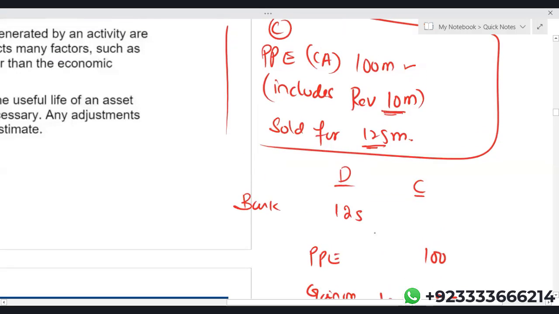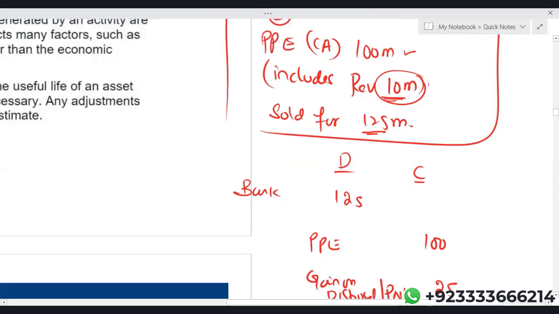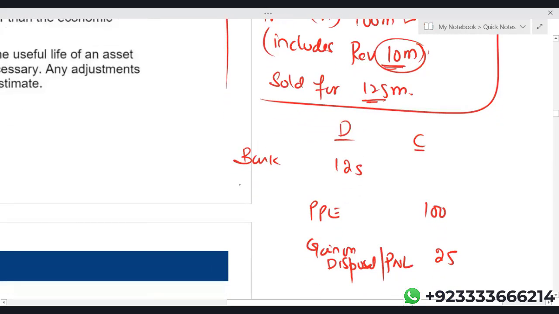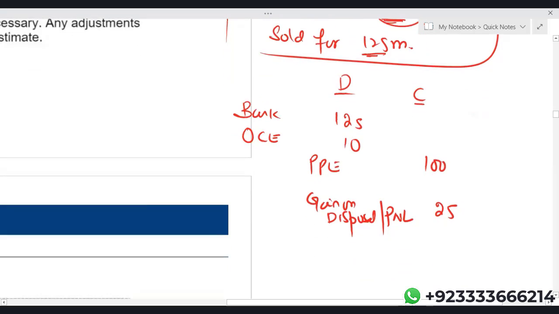Now, the previous revaluation surplus will be closed to the retained earnings, and the double entry of that will be: OCE, other component of equity, will be debited by 10. Retained earnings will be credited.